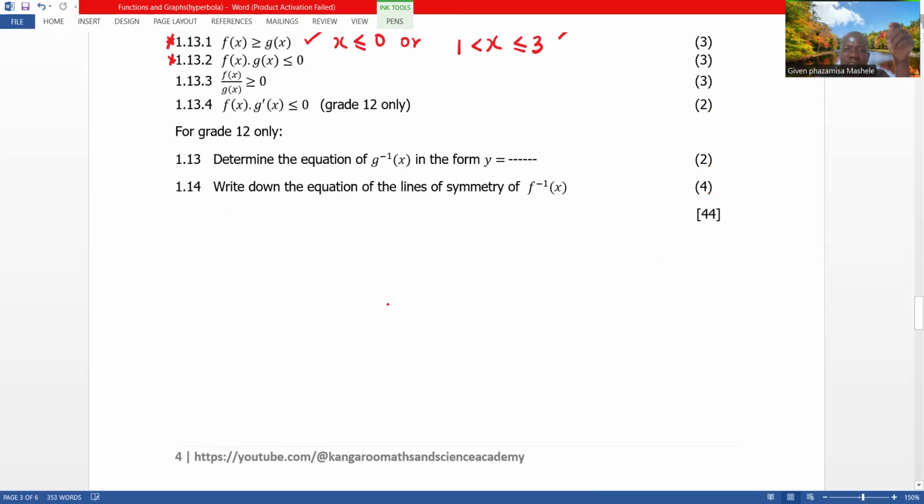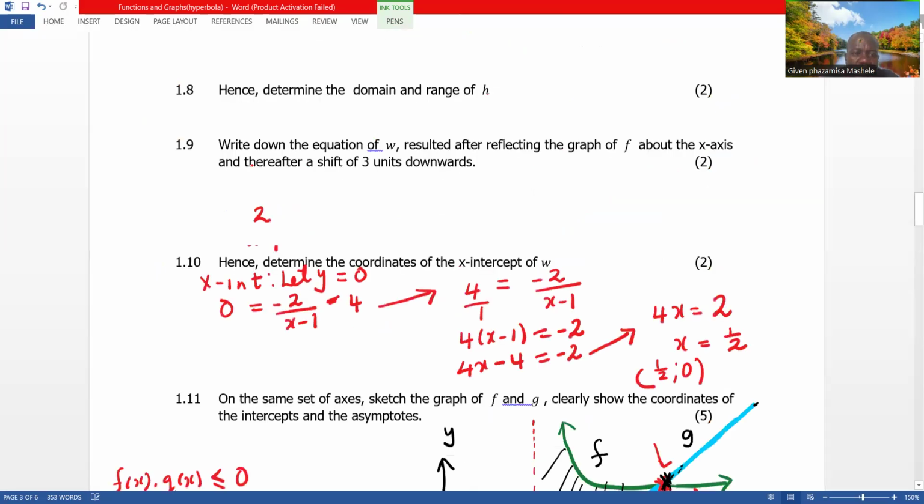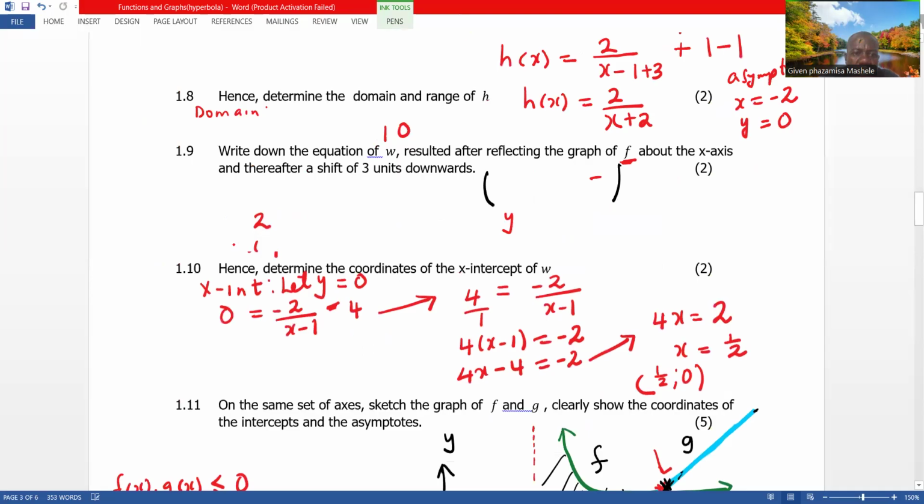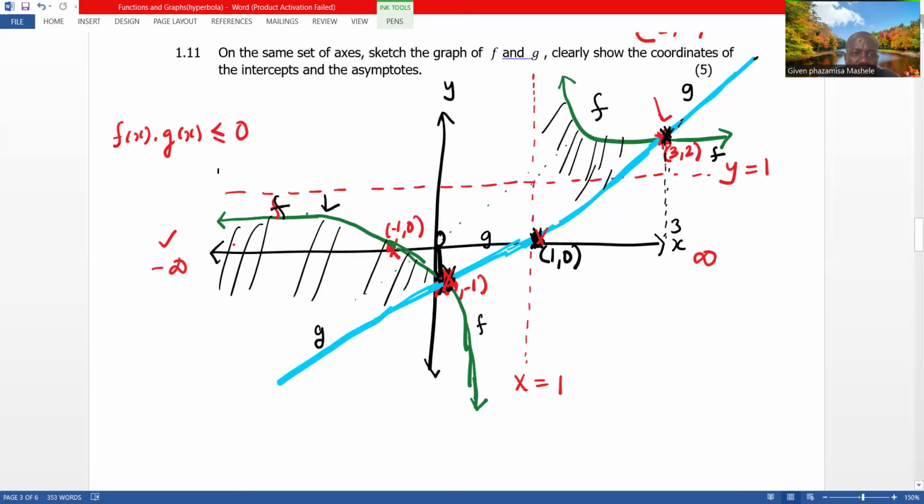So it means either f is positive and at that time g is negative, because positive times negative will be negative, or f is negative and g is positive. That's what we want.